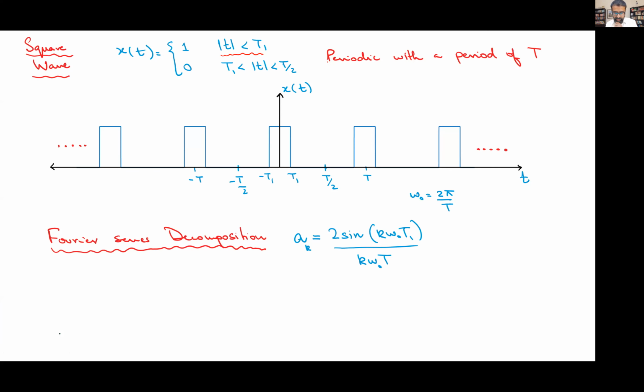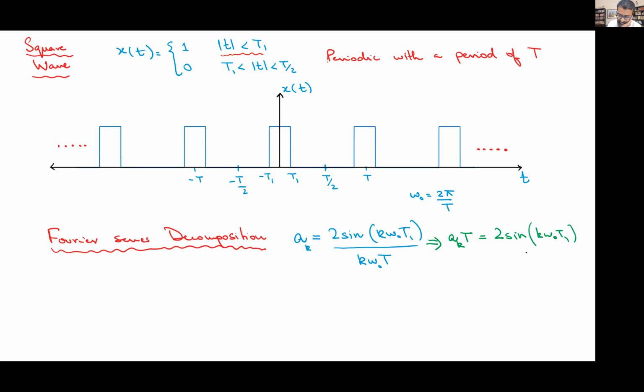And then through this analysis we found that the Fourier series coefficients turn out to be equal to this, right? So let me briefly do some analysis here. This implies that a_k times capital T is equal to 2 sine(k omega naught t1) divided by k omega naught.